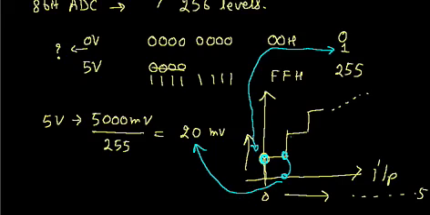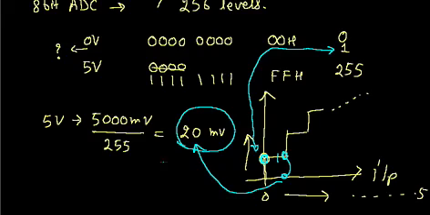If it goes to 21 millivolt, 19 millivolt or 15 millivolt, there won't be a change in the output. Unless it goes beyond 20 millivolt, it won't change. So, if the input changes by a small amount, the output is not going to change immediately. It has to change by at least 20 millivolts. This is what is called the resolution.